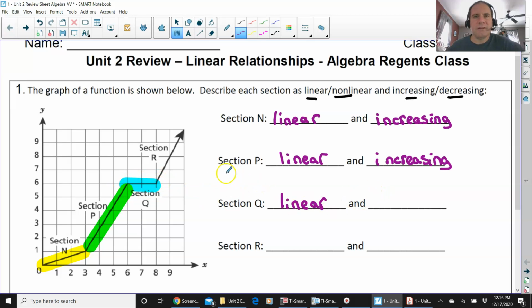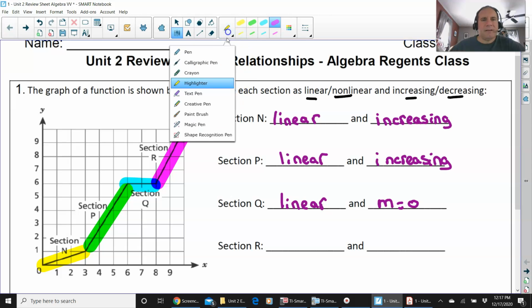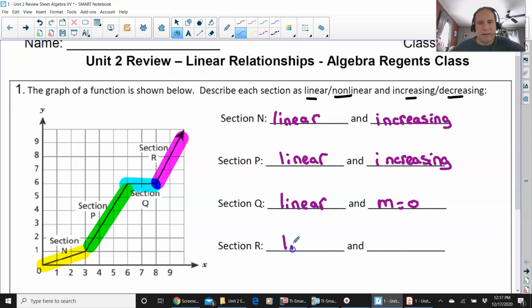The horizontal line, remember, has a slope of 0. Horizontal line, slope of 0. And the last section right here, which is section R, is linear and increasing.